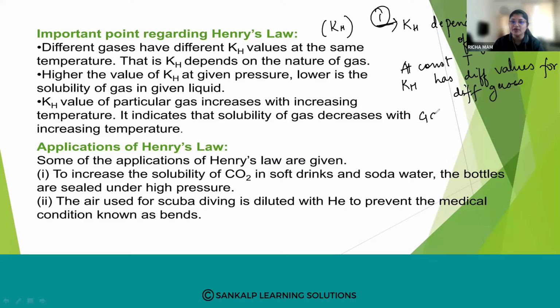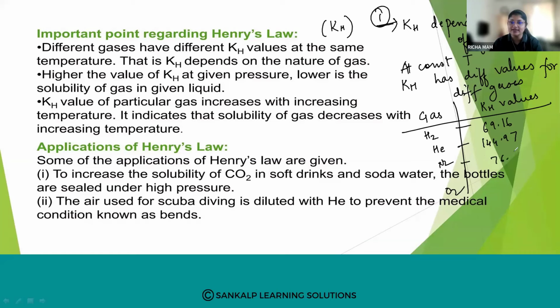I'll give you some values. For different gases, these are their KH values: H2 is 69.16, He is 144.97, N2 is 76.48, and O2 is 34.80.